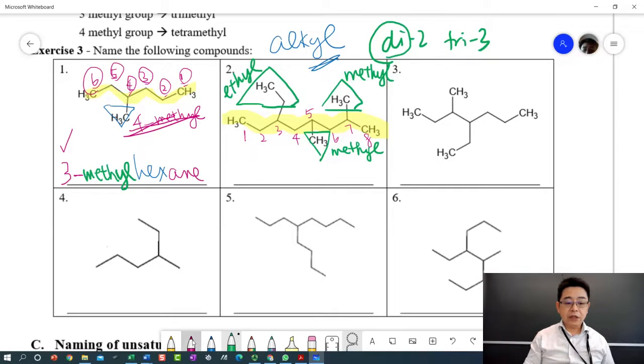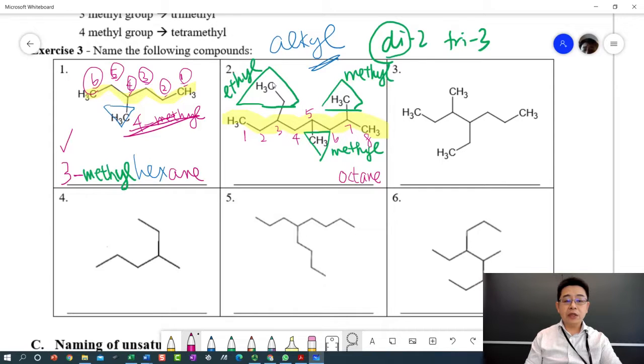So start from writing with ANE again. And then no functional group, no unsaturation, ANE. And then parent chain, 8, will be OCT. Octane.